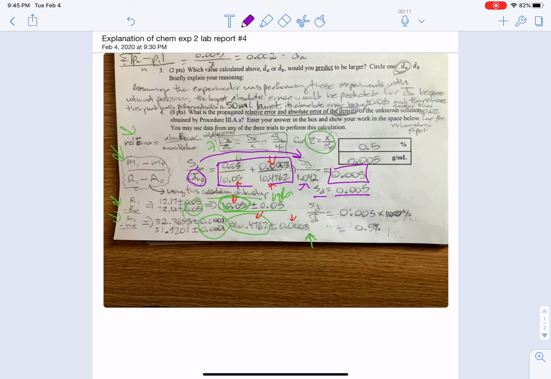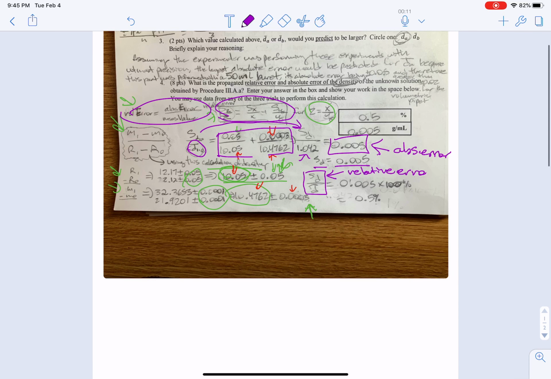And then that's your absolute error. And this is your relative error, just because of the formula here, and here. Okay, and that will get you your percent relative error. That's your percent relative error. That's your absolute error. All right.